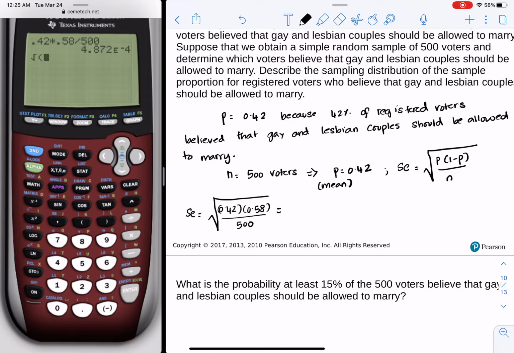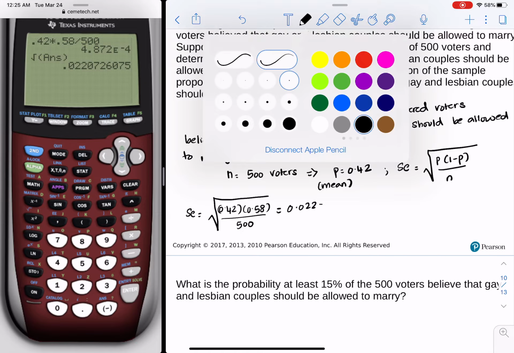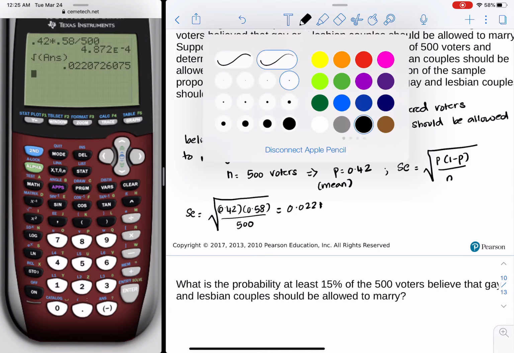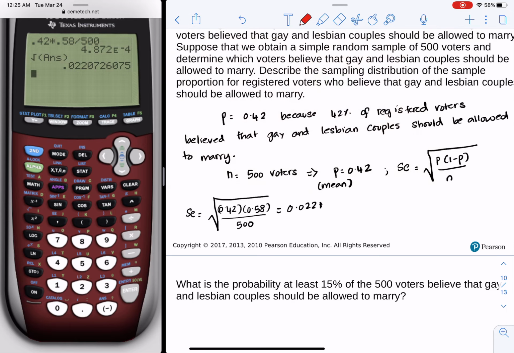And do not forget to take the square root. So we get 0.0221. So we have to do this check in order to guarantee a normal distribution. So what is that check?